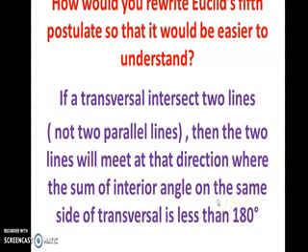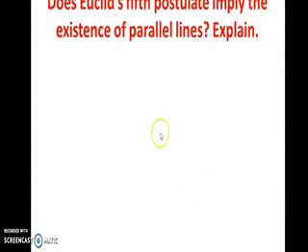Okay, let me move on to the other question that they asked. Does Euclid's fifth postulate imply the existence of parallel lines? Explain.